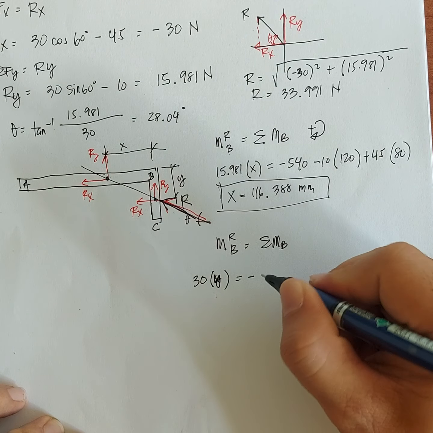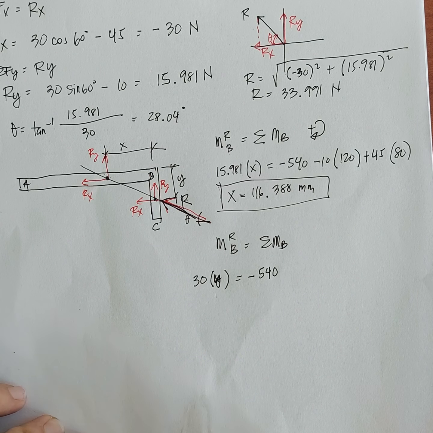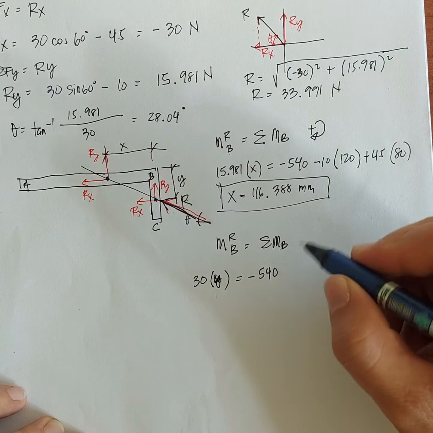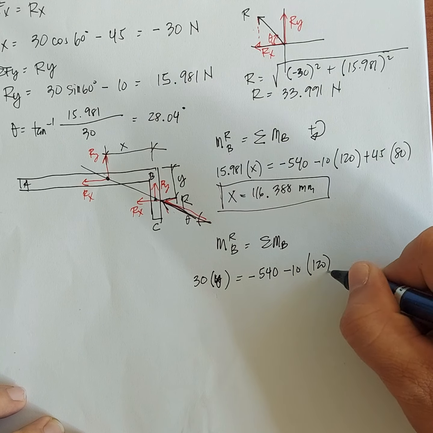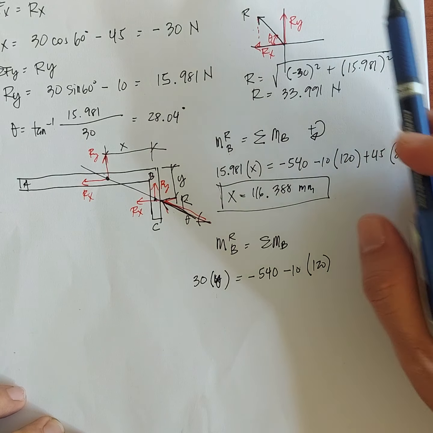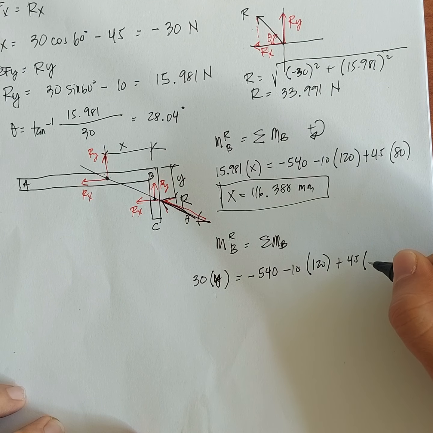Negative siya kasi nga counterclockwise. Okay? And then moment ng 10 Newton force about B is also counterclockwise. So, that is negative. So, minus 10 times 120. And then, moment ng 45 Newton force, that is clockwise, so plus 45 times, moment arm niya is 80.